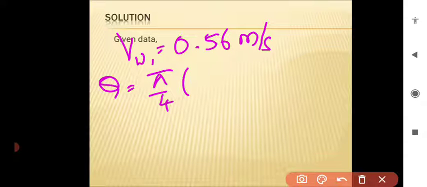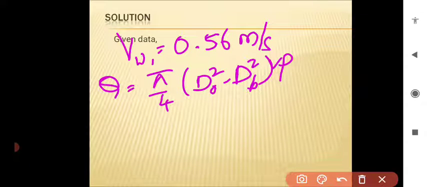So from the discharge equation, what is the discharge equation? Discharge is equal to pi by 4 into d naught square minus dB square into Vf1. From this equation we will get the Vf1 value.